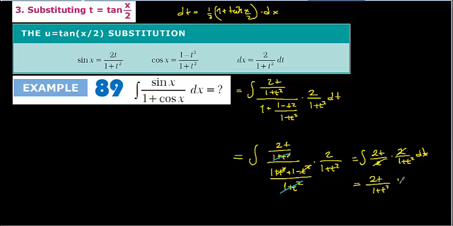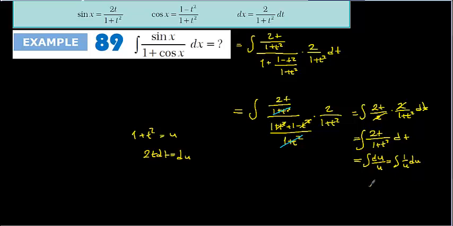Now if we set 1 plus t squared equal to u, then the derivative is 2t dt, which is equal to du, and here we have 2t dt, so this is going to be equal to the integral of du over u, which is the integral of 1 over u du.